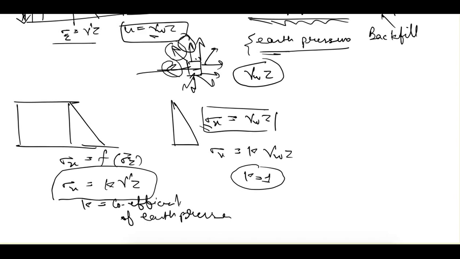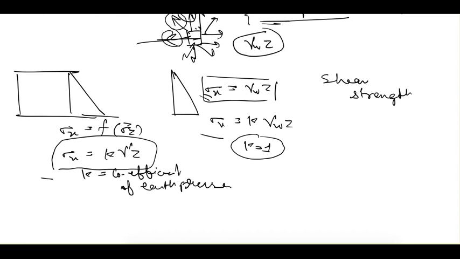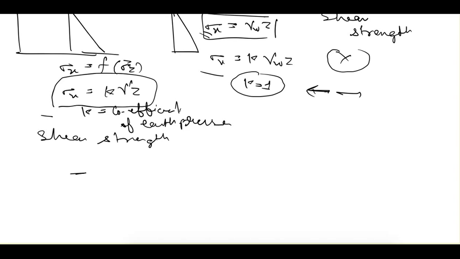So why is it the same in case of water and not in case of soil? The reason again is shear strength. We know that soil has some shear strength, whereas water does not have any shear strength. Because of that, in any direction in water the stresses remain the same, whereas in case of soil, when we talk about the horizontal stresses, the shear strength or shear resistance comes into the picture, and because of that this horizontal pressure is just a function of vertical pressure.